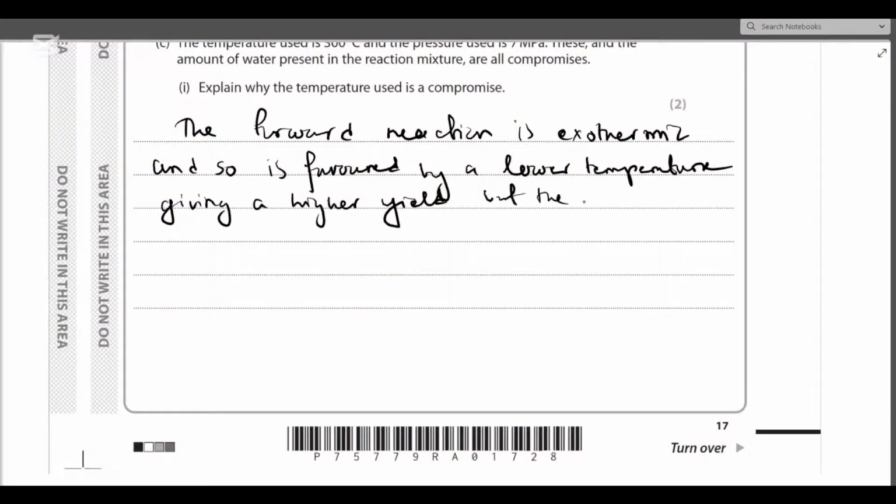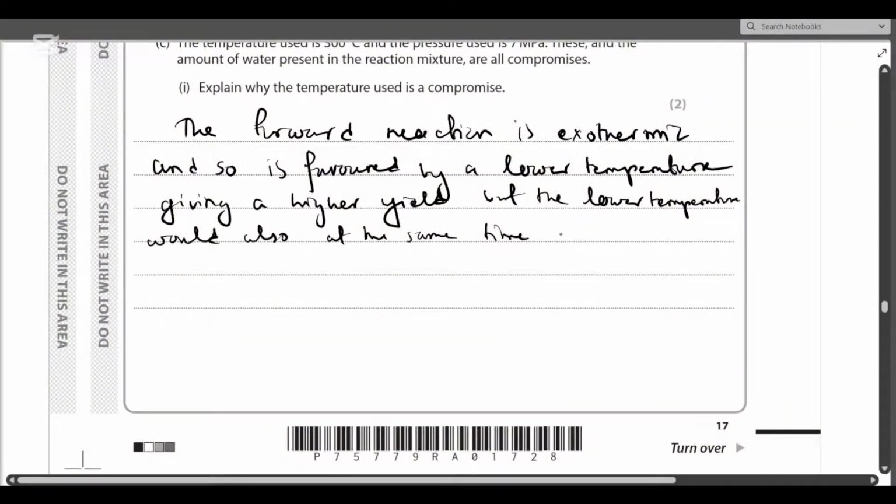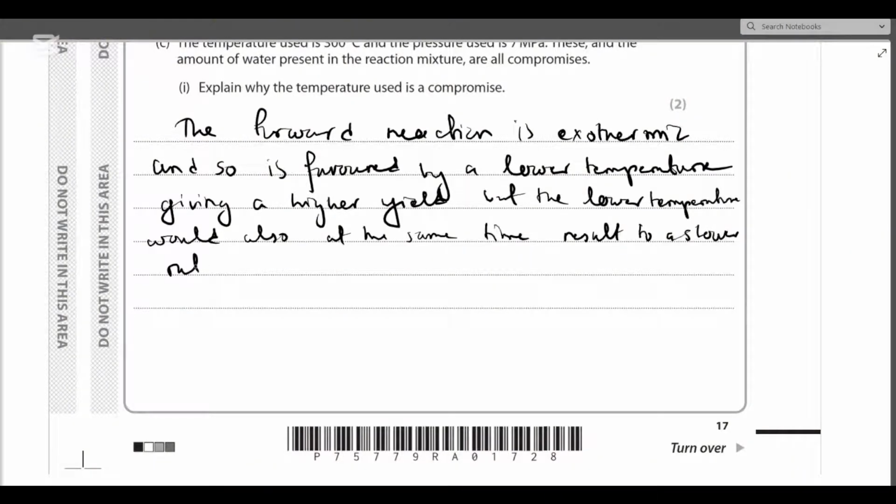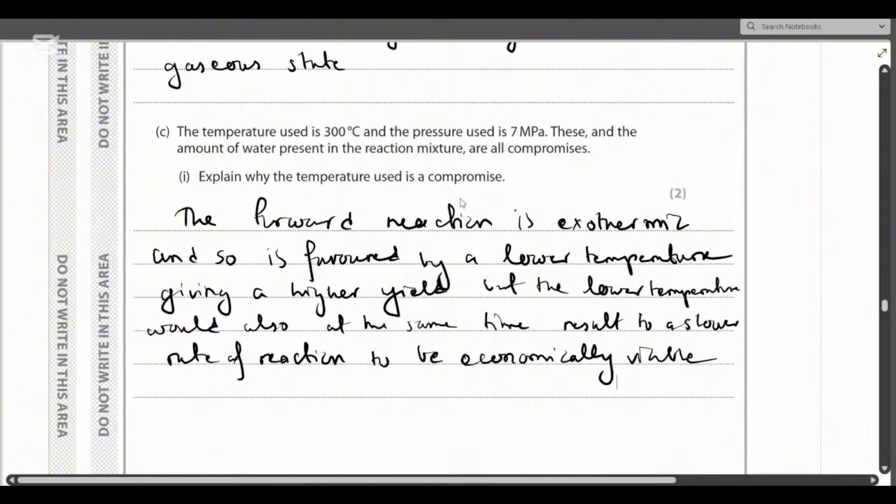But the lower temperature would also at the same time result in a slower reaction to be economically viable. Hence, we can say the temperature used is a compromise right here.